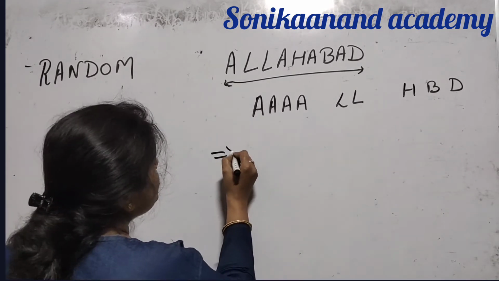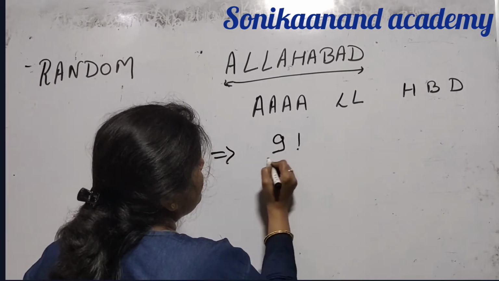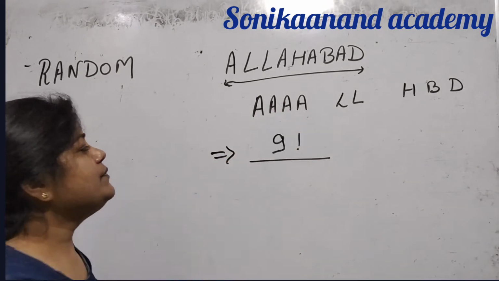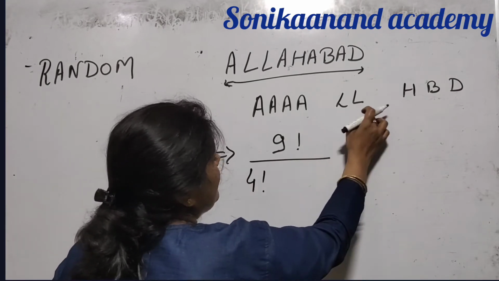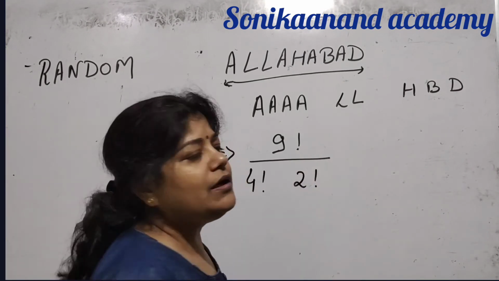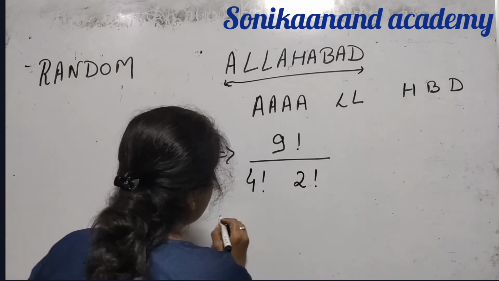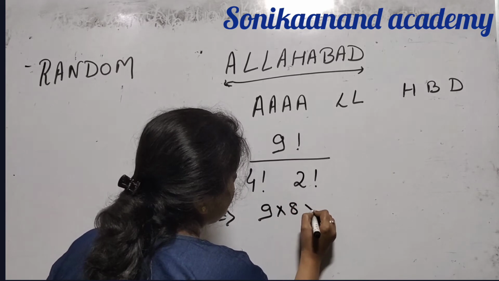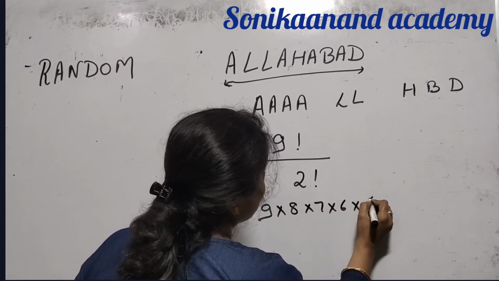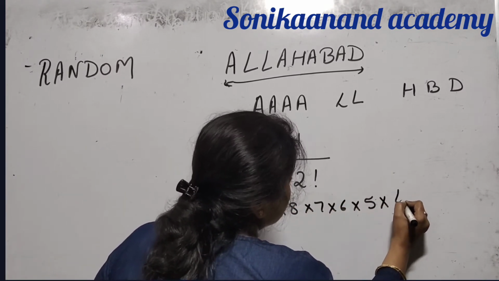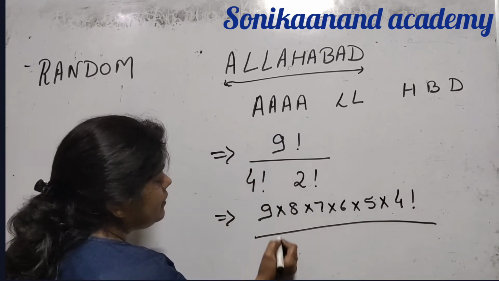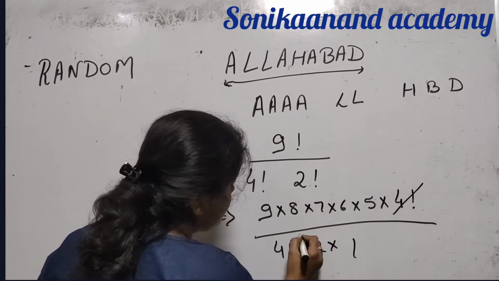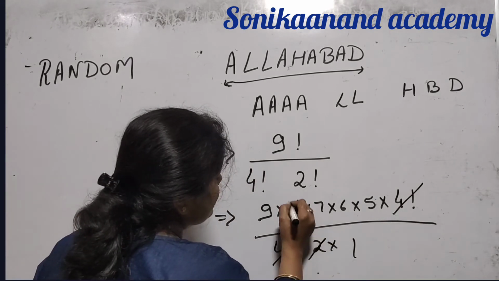So for the number of permutations, we have factorial 9 over the factorials of the letters which are repeated. A is repeated 4 times, so we write factorial 4, and L is repeated 2 times, so we write factorial 2. Then we solve it. Factorial 9 means 9 into 8 into 7 into 6 into 5 into factorial 4, and below we have factorial 4 and 2 into 1. Factorial 4 gets cancelled, and 2 cancels with 4.